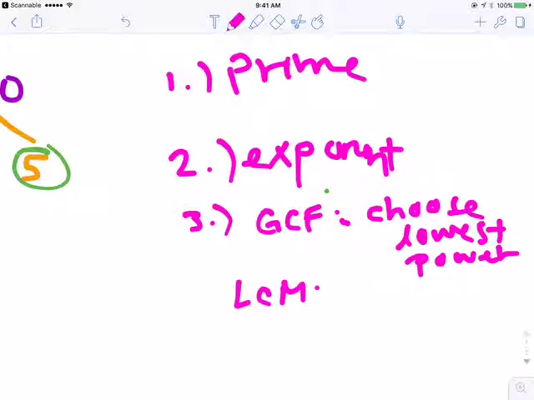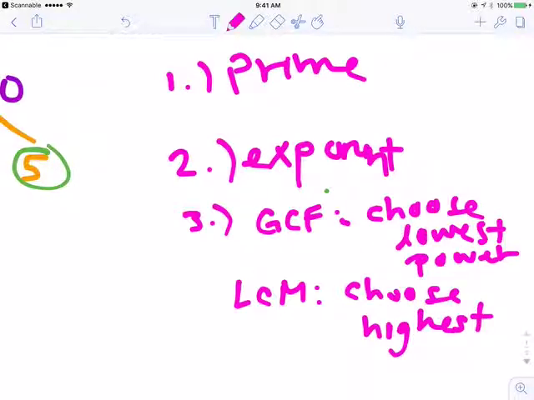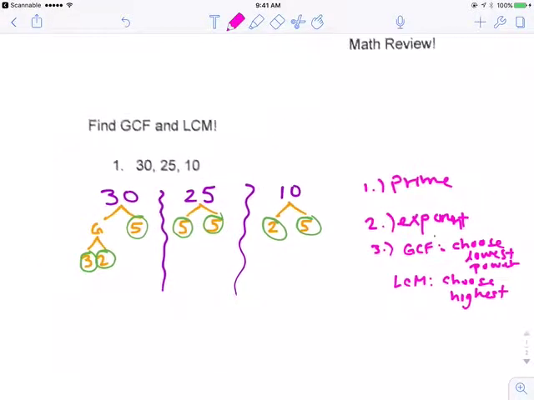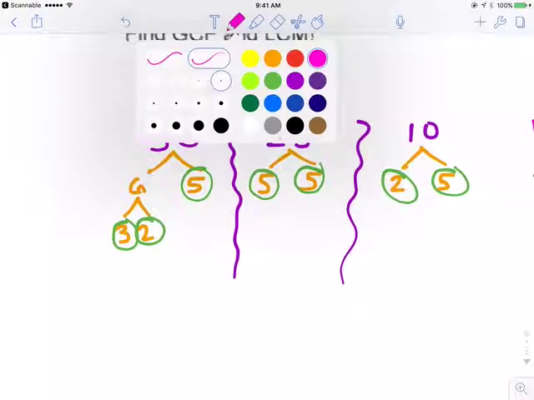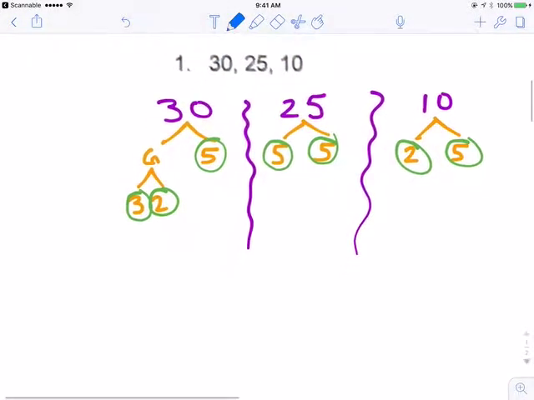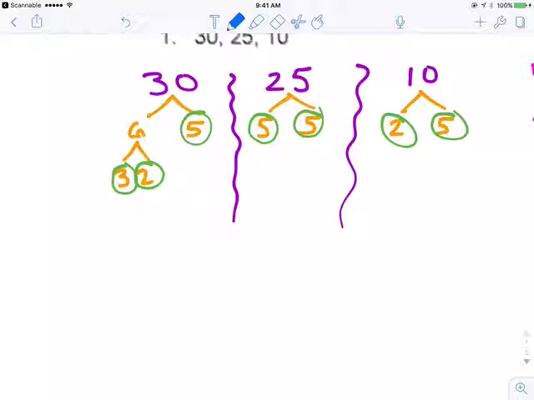LCM, choose highest. Here's the trick though, okay? Tell me all the different numbers you see that are circled. 2, 3, and 5, right? All of these need to have in their prime factorization a 2, a 3, and a 5.